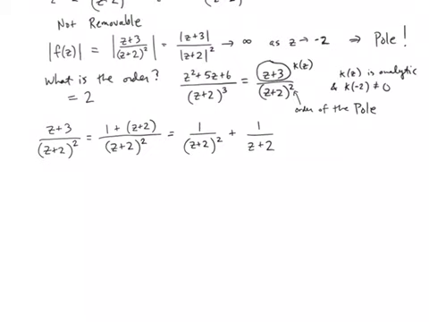So we see explicitly the Laurent series for our function f starting at a negative 2 power of z plus 2 here. So this is the Laurent expansion of f.